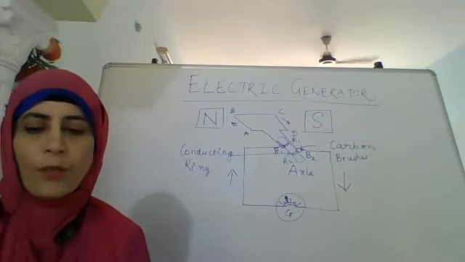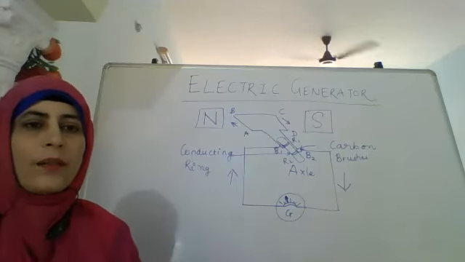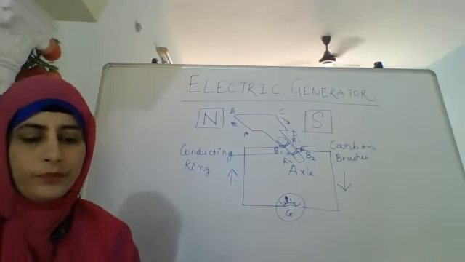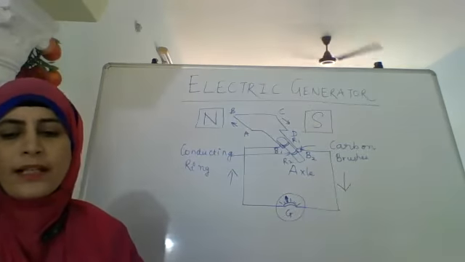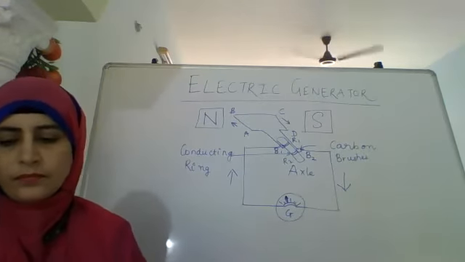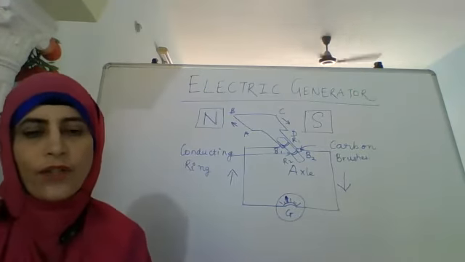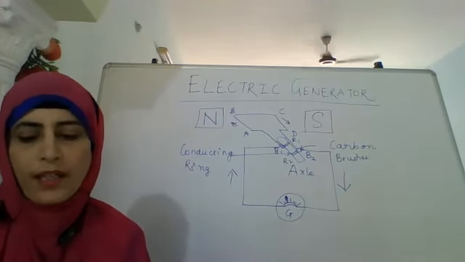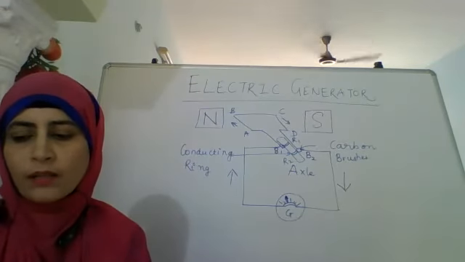After this, write one more subtopic: types of electric generator. Number 1, AC generator. And you are writing the definition of AC generator, so put a colon after writing AC generator.